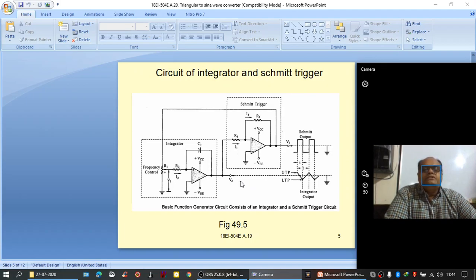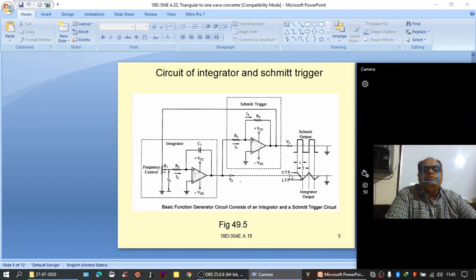So at one particular voltage, when the voltage on the capacitor is gradually increasing and becomes equal to UTP, that is the upper threshold potential, the potential at the non-inverting terminal of this op amp will be slightly greater than 0, which makes the comparator output go high.